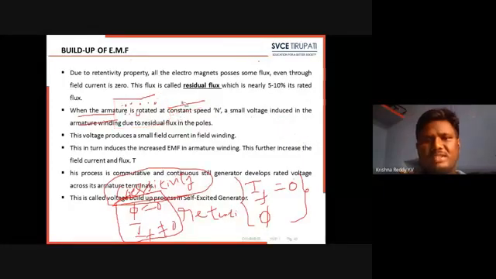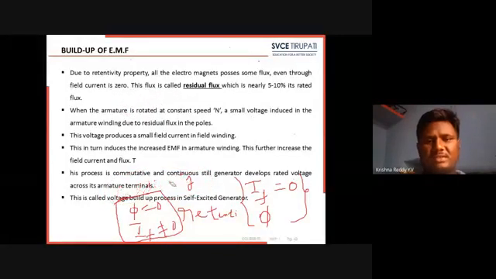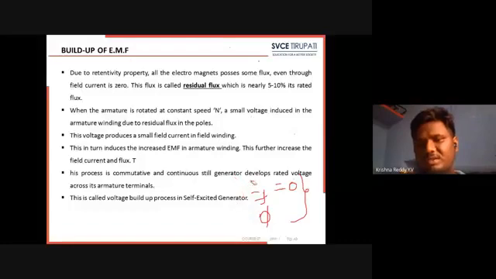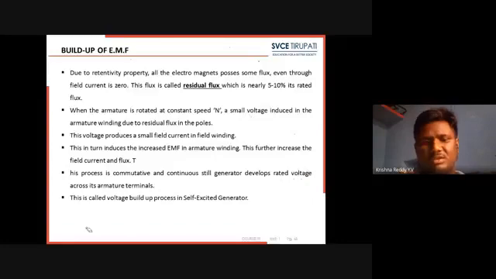That flux is 5 to 10% of the rated flux. With the help of that residual flux, we get a very small amount of voltage, which is known as the residual voltage.